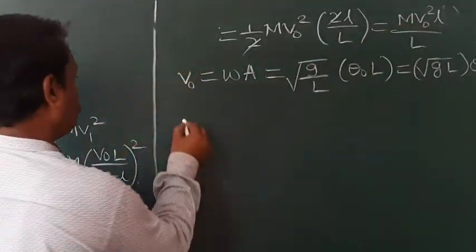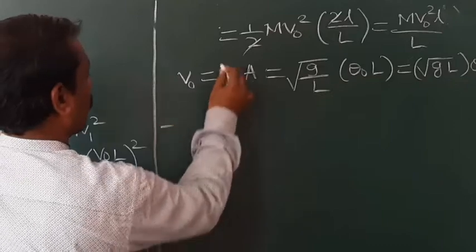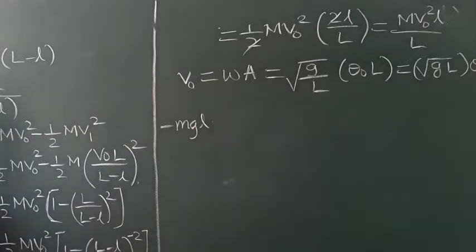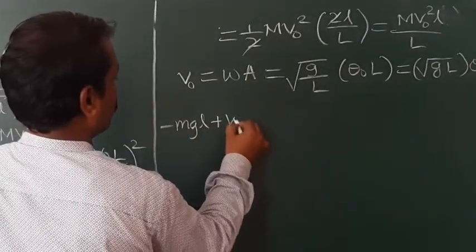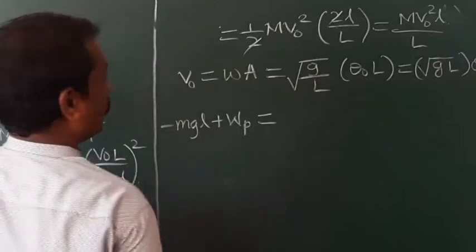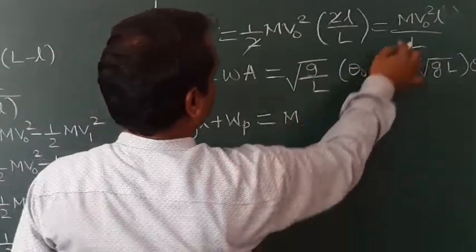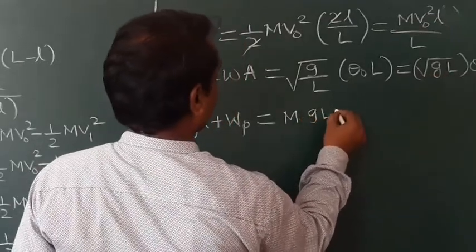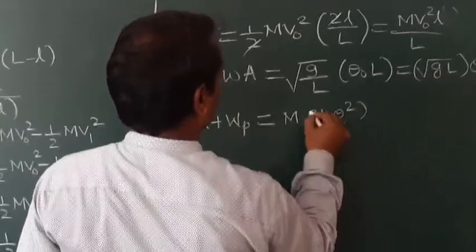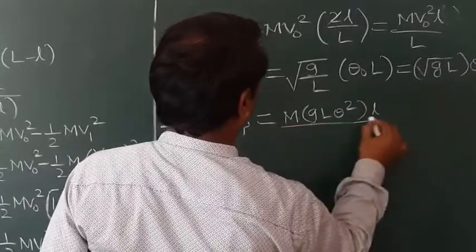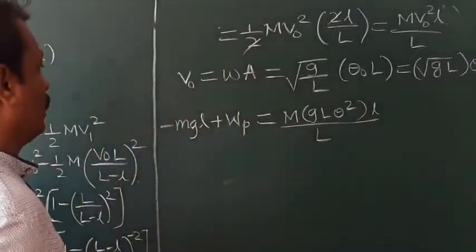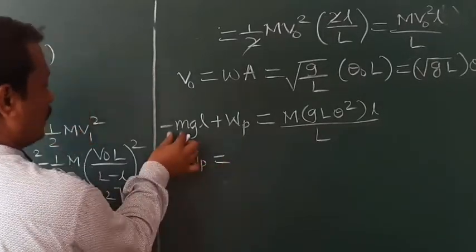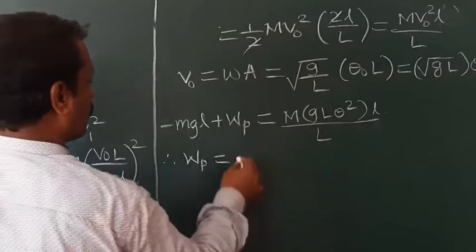Then minus mgL, this side it is minus mgL plus WP is equal to m. In place of v naught I will write this. So its square is gL theta square into l by L. Therefore work done by the person WP, I will send this minus mgL to the right side, then it becomes plus mgL.